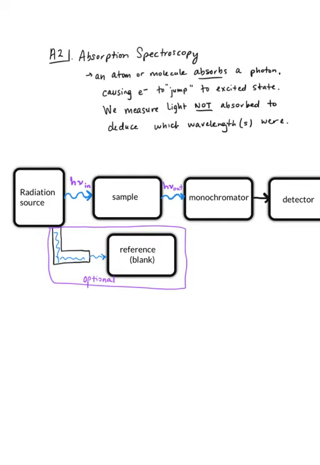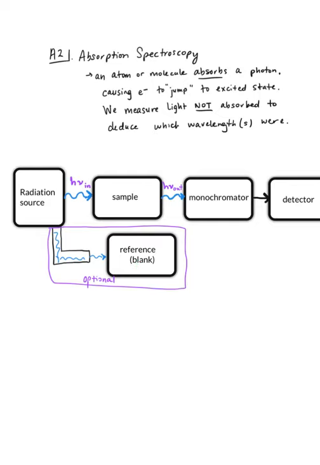All of the same information gets passed to a detector so that we can differentiate between any light that our sample absorbs due to both analyte and matrix versus light that just our matrix is absorbing.